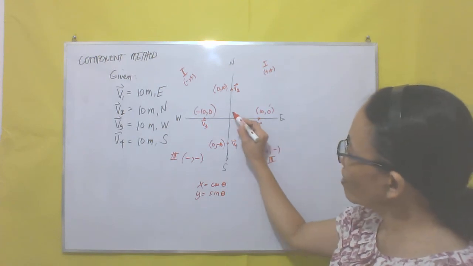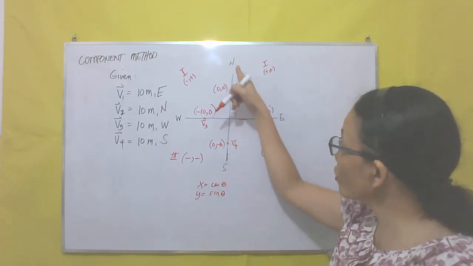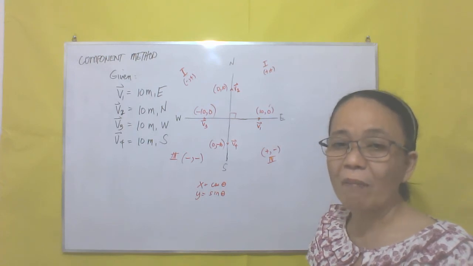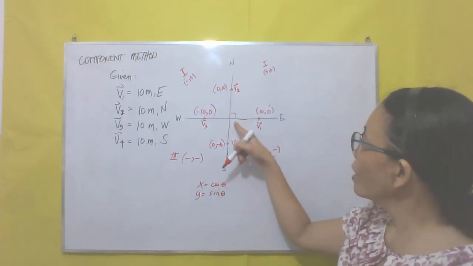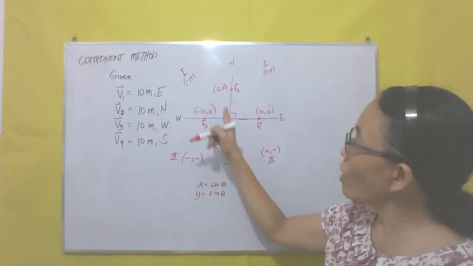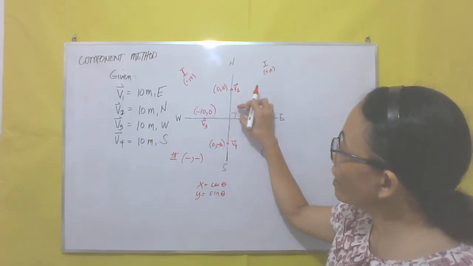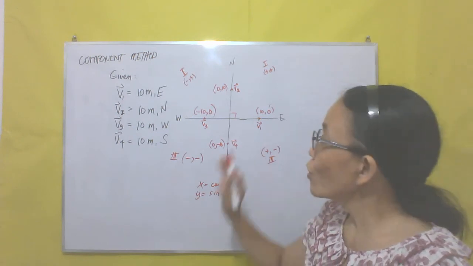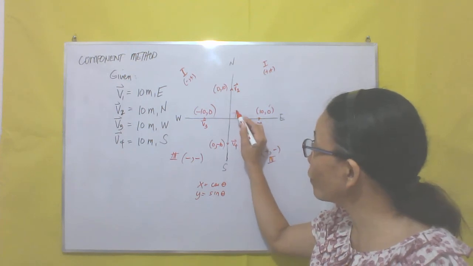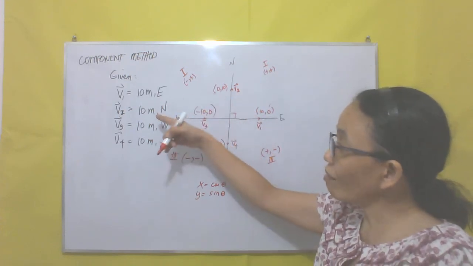Next, for v2. Take note that this is a right angle. The north and the east lines are perpendicular, so it measures 90 degrees. V2 is 10 meters. For the x component, 10 times cosine 90. Cosine 90 is 0, and 0 times 10 is 0.